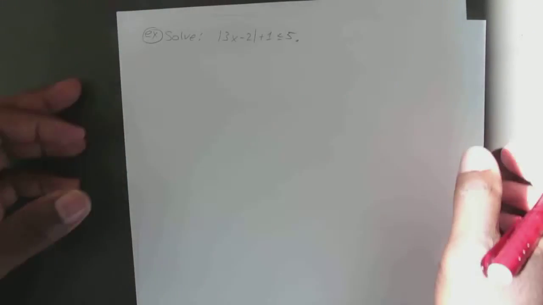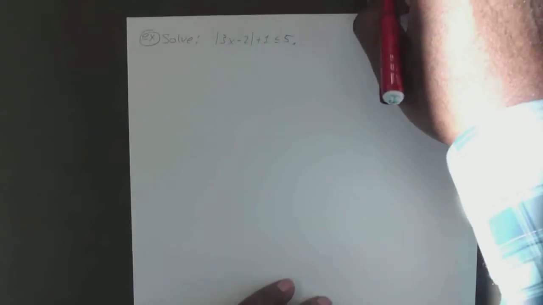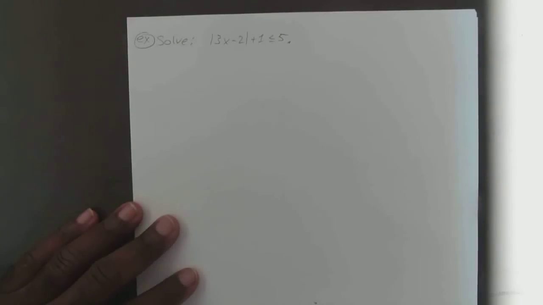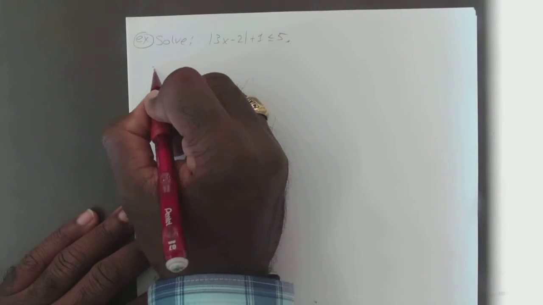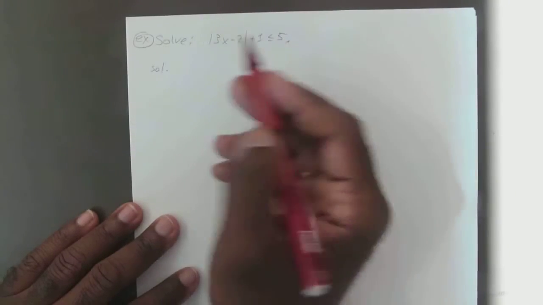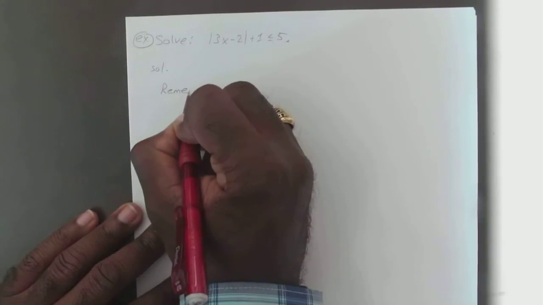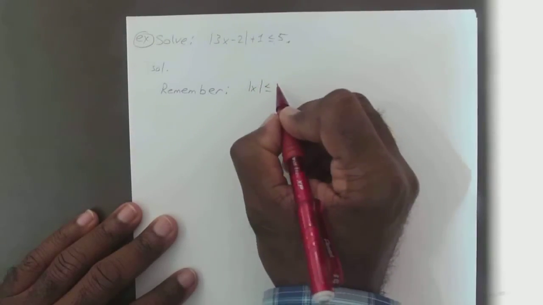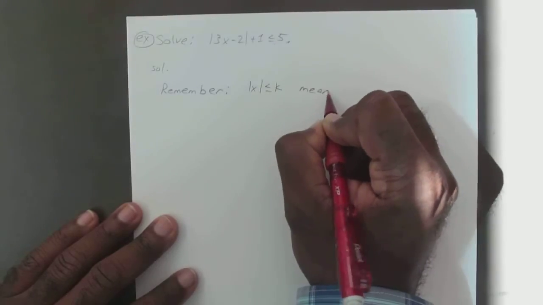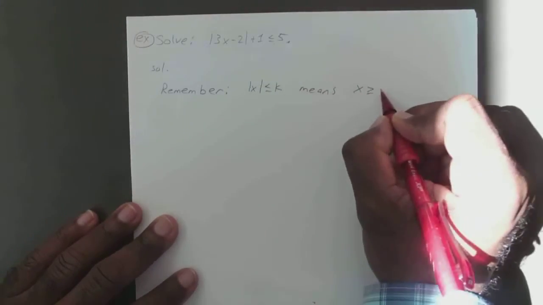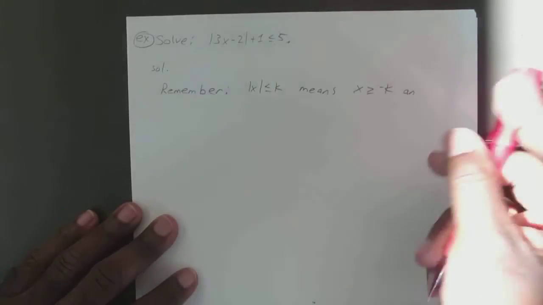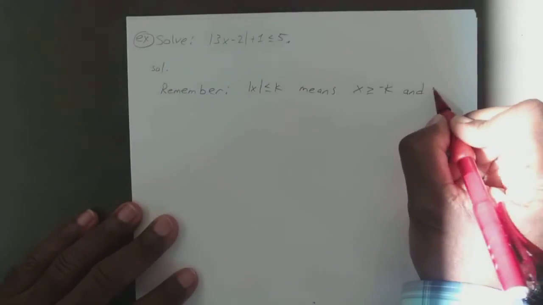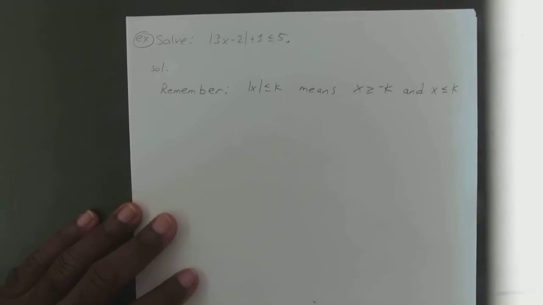Okay, for the next one: the absolute value of 3x minus 2, plus 1 is less than or equal to 5. You have that less than or equal to, so we just have to remember the absolute value of x is less than or equal to k means that x is greater than or equal to negative k, and x is less than or equal to k.